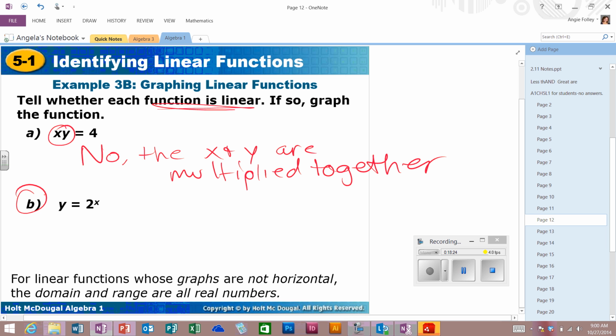Next one, can we get this in standard form? I could move this 2 to the x power over, but if you notice, x is in the exponent, and that's not allowed either. So no, this is not a linear function. The x is in the exponent.